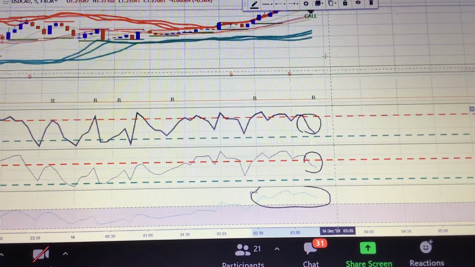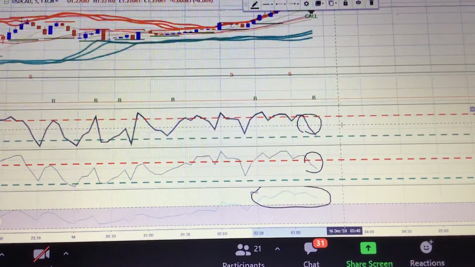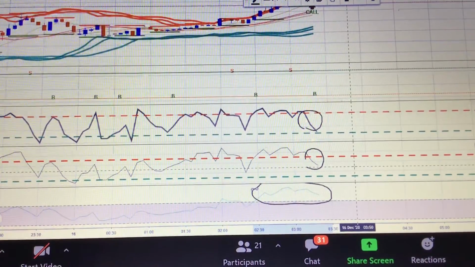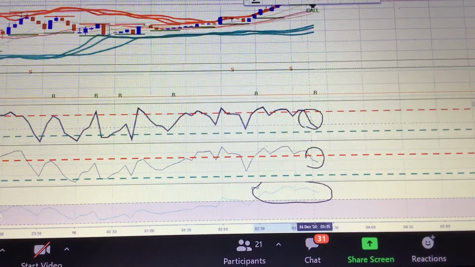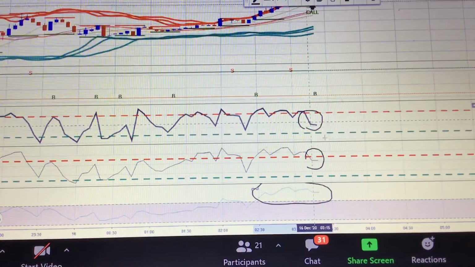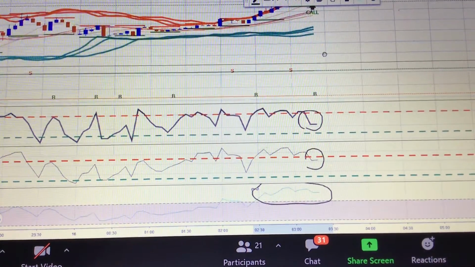And if it's a strong trend, most of the time it's going to respect this 50 area, like right about here, the 50 zone on both indicators. It won't go all the way down and then cross up. So I don't need it to do that if I'm going to take the trade on a trend, all right?